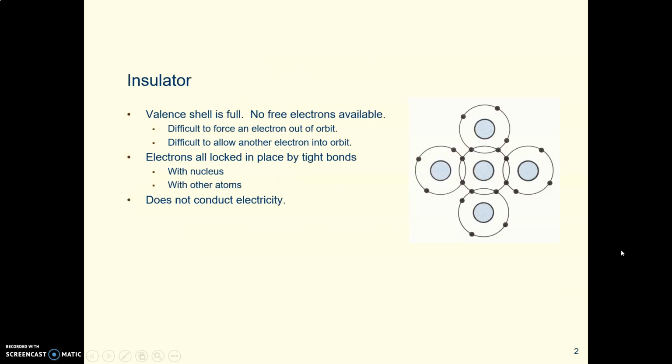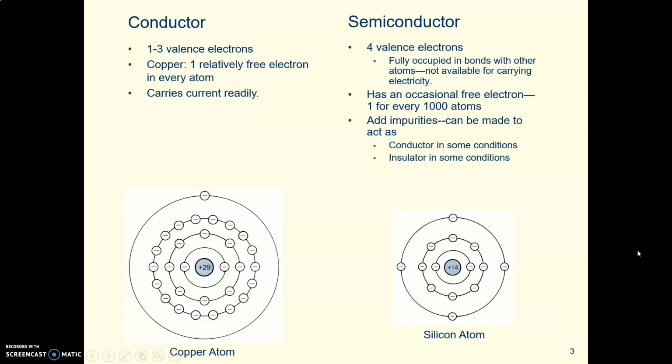As you recall, an insulator is a material that does not allow current to flow. It cannot conduct electricity. All its valence shells are full. While a conductor has only 1, 2, or 3 electrons in its valence shells, it's got plenty of room for more electrons.